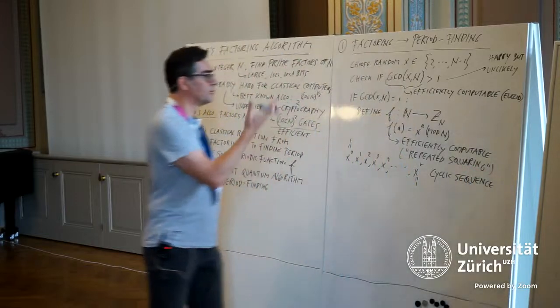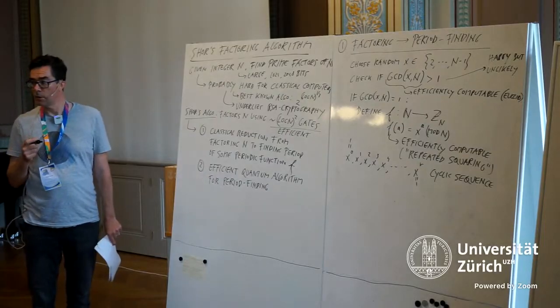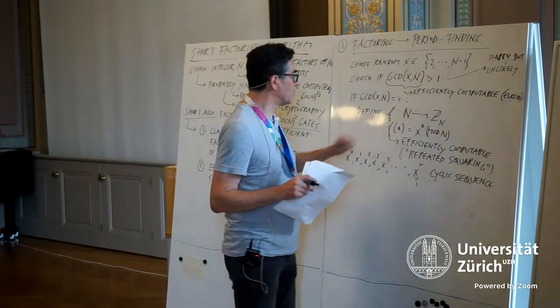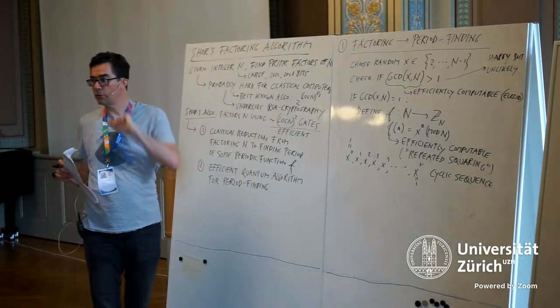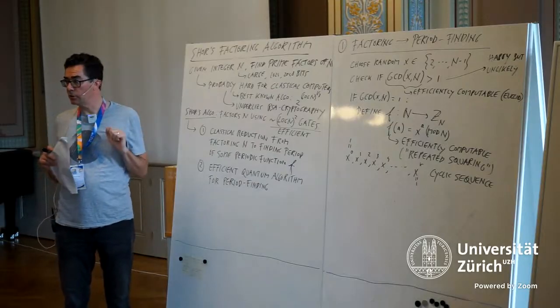Or in other words, the function f is a periodic function. If you stick in the numbers 0 up to r minus 1, you're getting all distinct values. And then that sequence of r numbers is just going to repeat if you stick in bigger integers.